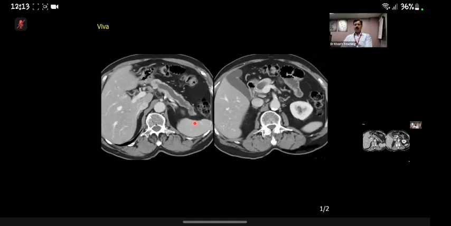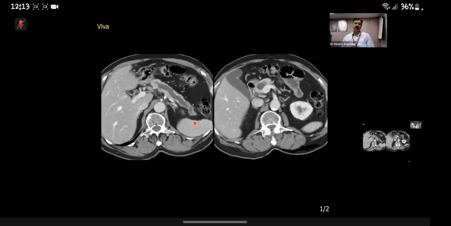But the counter argument will be that if in this location there was a pancreatic adenocarcinoma, so much dilatation, by now there should be double duct sign also. This is the distal end, right? But coming back to the differential, you said other than that, main duct IPMN, what did you say? Yeah, main duct IPMN. Okay, very good.